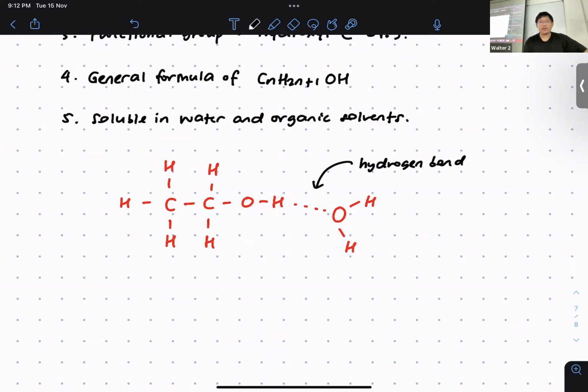Otherwise, alcohol has the same physical properties as the rest of the organic compounds. It is a poor conductor of electricity. It has a low melting and boiling point. It is extremely flammable, all those kinds of properties.